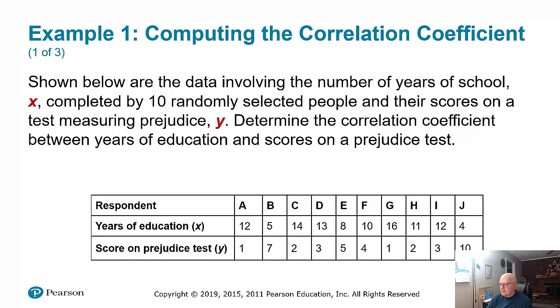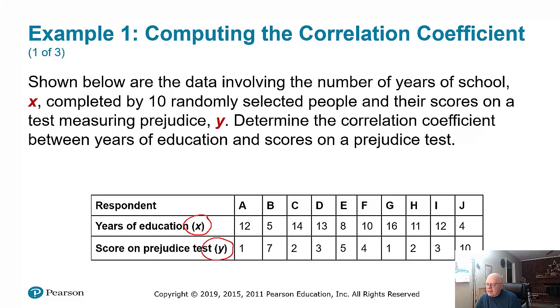All right. Now we're going to grab our TI-84 and we're going to do some real work. First of all, we're going to take a look at this, and notice we've got X values on one line, the corresponding Y values on the line below it.